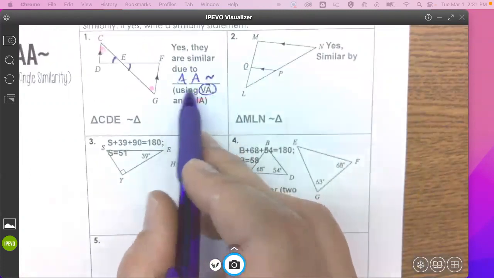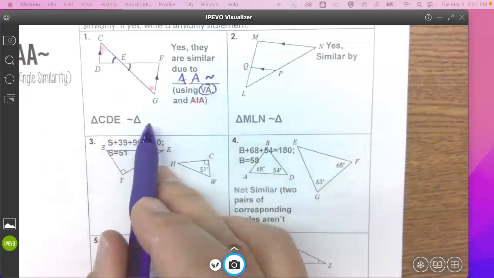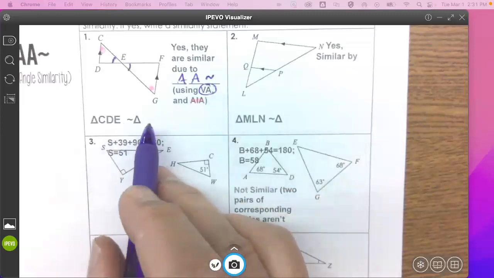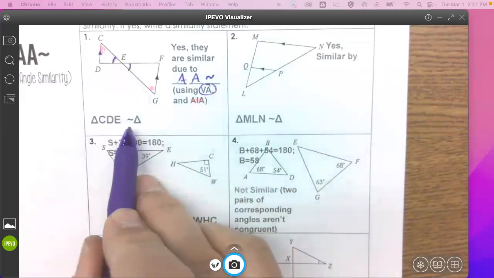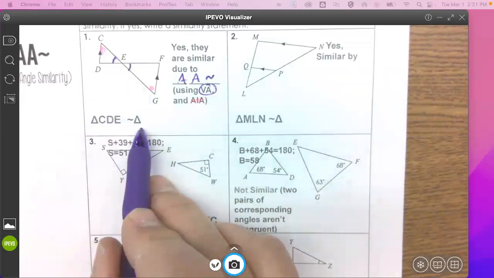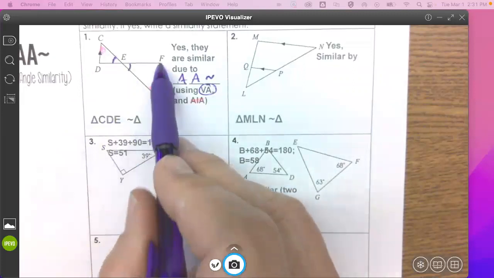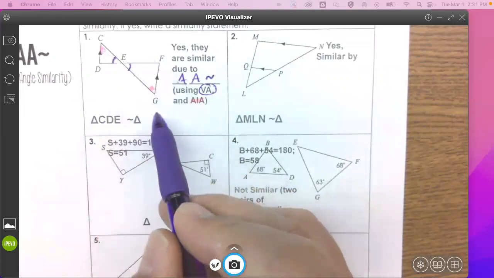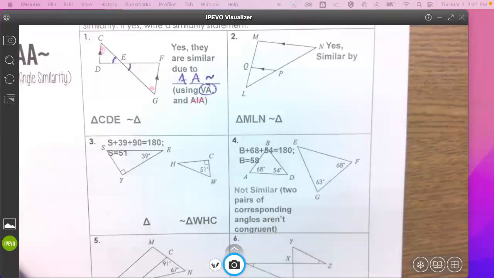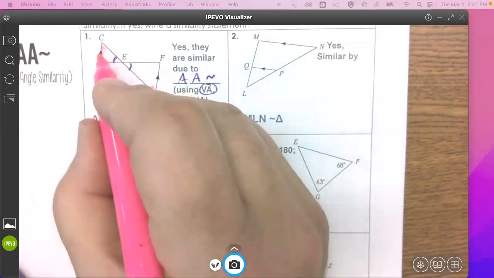Once we've established that they're similar, we get to claim they're similar using the similarity statement. If I'm saying CDE is similar to what triangle? Is it FGE? Is it EFG? Is it GEF? How do we know? Do we agree that C is already marked as the pink one?